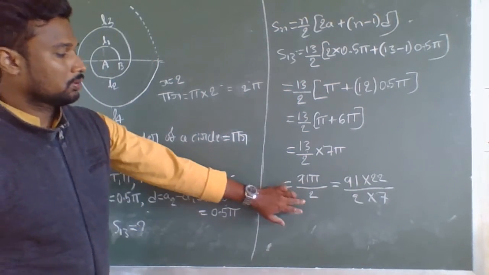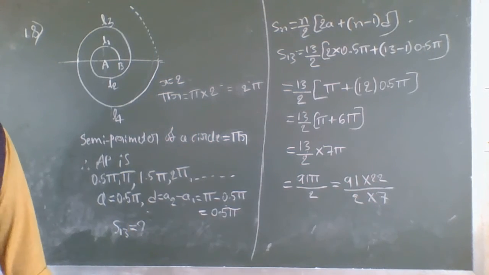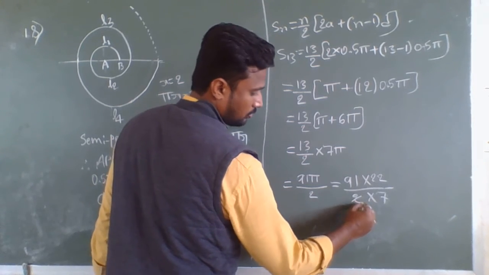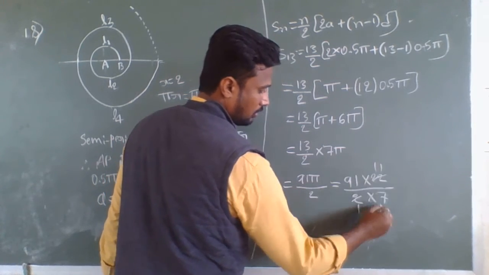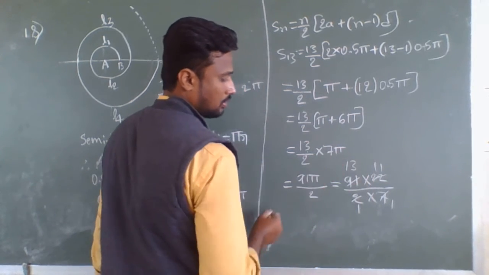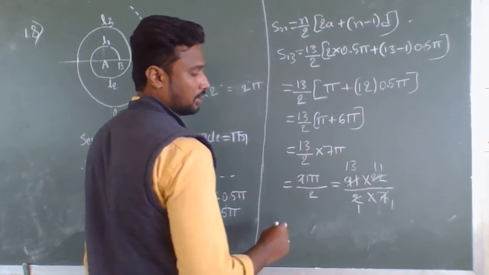So 91 by 2, pi value is 22 divided by 7. Now the 2 goes on the 2, 11 remains; the 7 on the 7, 13, because 13 into 7 is 91.